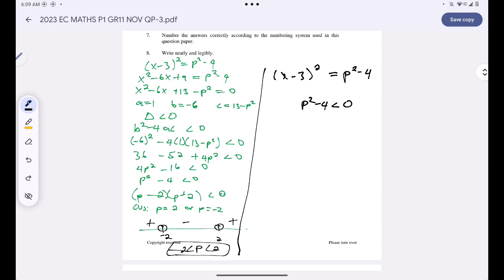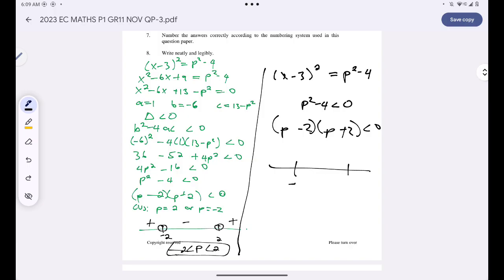Why am I saying that? Because if I have something which is squared and that thing is equal to a negative term, there won't be real solutions. So in this case, I was just supposed to factorize: p minus 2 and p plus 2. The critical values are negative 2 and 2.